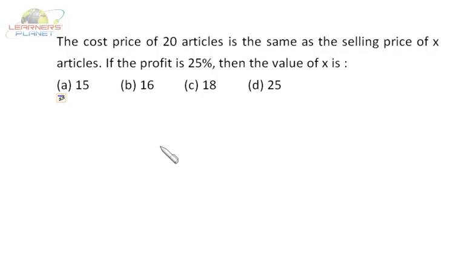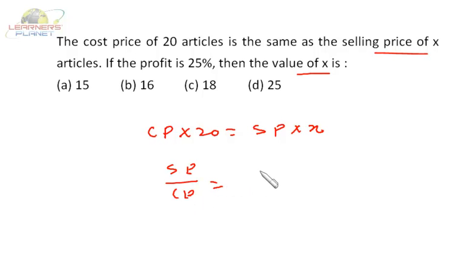Now cost price of 20 articles is the same as the selling price of X articles. If profit is 25%, we have to find out the value of X. That means cost price of 20 articles is equal to selling price of X articles. That means SP by CP is equal to X by 20, which is actually 1.25, or we can say 5 by 4.